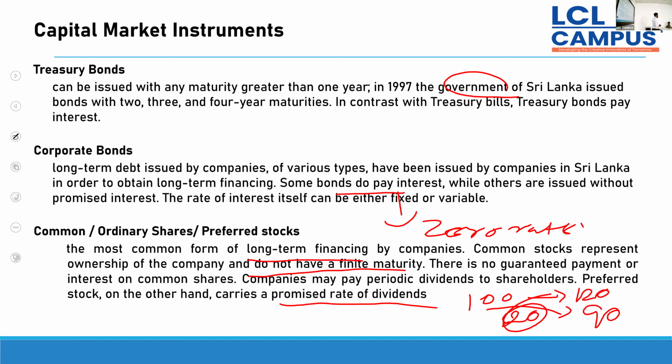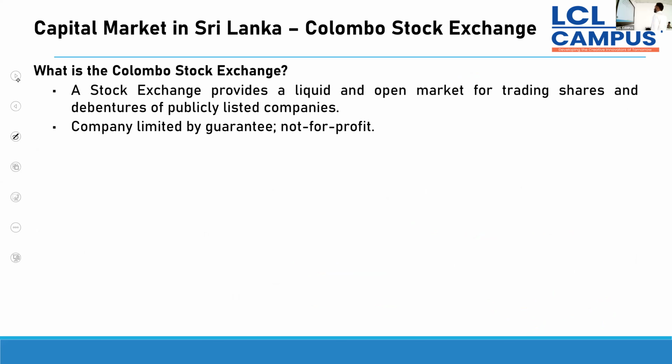It is not even the obligation of the company to pay you the dividend. But for the preference shares, it's an obligation. It has the promised rate of dividend. Clear? So those things you should keep in mind. Right.